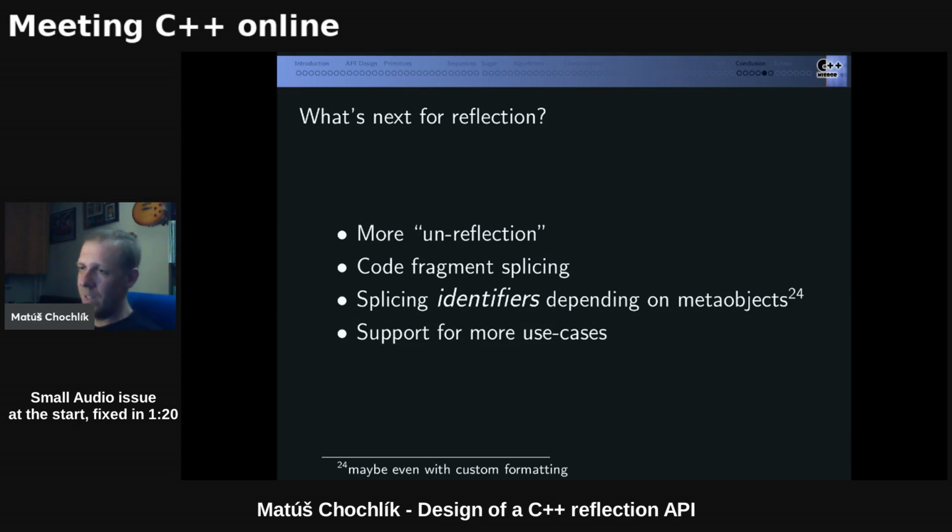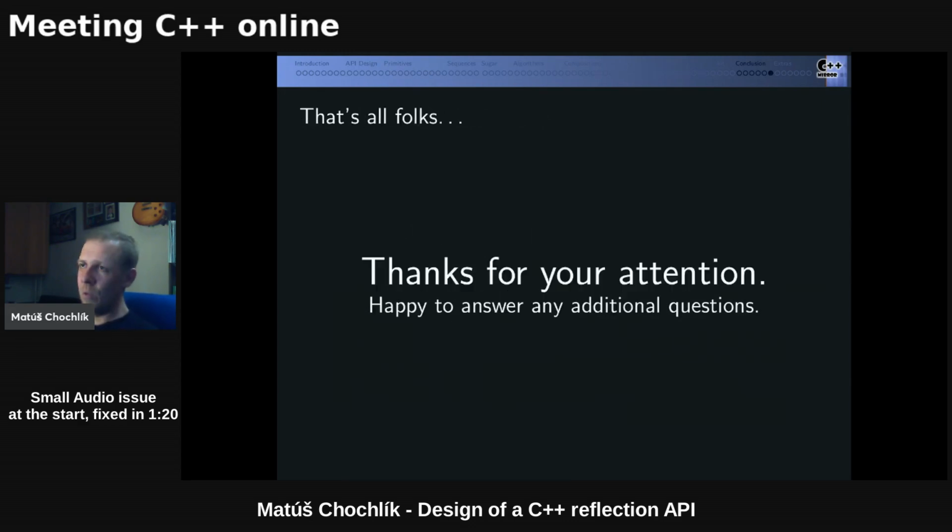Another thing which is sort of planned is splicing identifiers. So you would be able to create your own identifiers depending on a meta object, supporting more use cases.